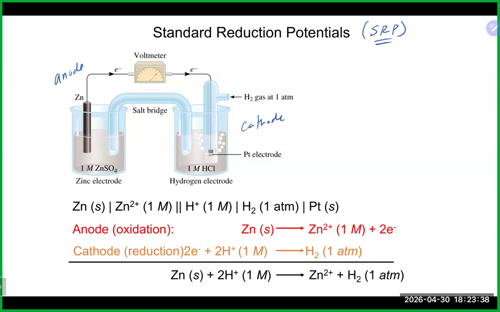And once again, this is an example, as I mentioned a second ago, that you may see some other things in there. So here we are using platinum as the physical electrode for hydrogen, since it's a gas. And since hydrogen is a gas, we see that it's at 1 atmosphere, standard pressure. And we can see that our solutions are also at 1 molar, which is a standard concentration.